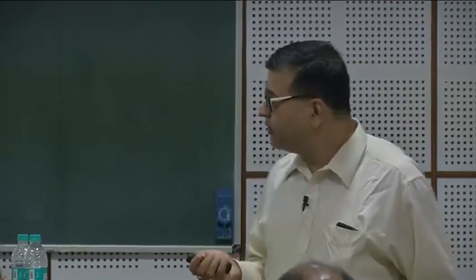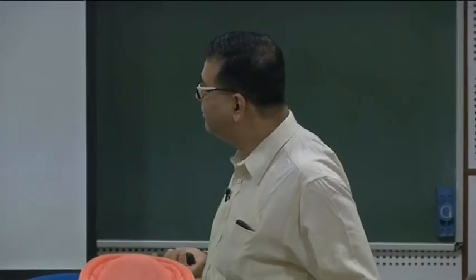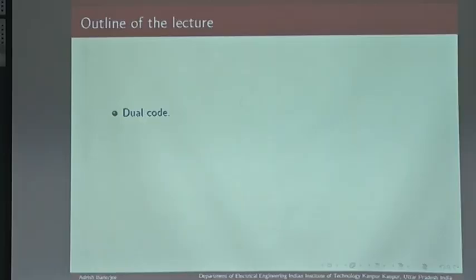Today in the morning 2 sessions, we are just going to talk about some very simple class of linear block codes. So, we will study their construction and we will study their decoding of those linear block codes. So, we will start with basically, before I do that, I will just define what is a dual code.